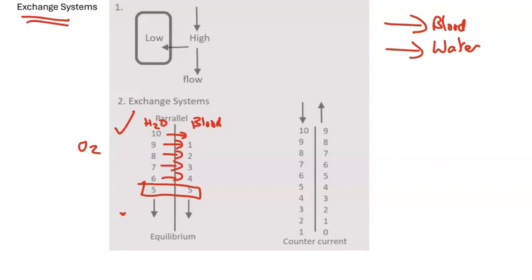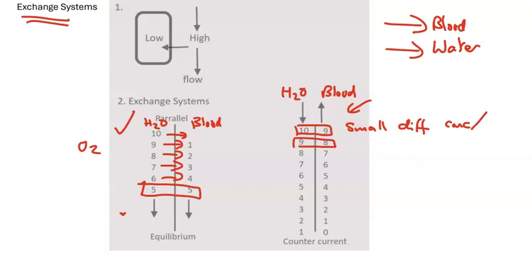With the countercurrent multiplier, in this system here, we have water going in this direction and blood going in this direction. And so at each step, there's a small difference in the concentration, and so we would get a small amount of diffusion.